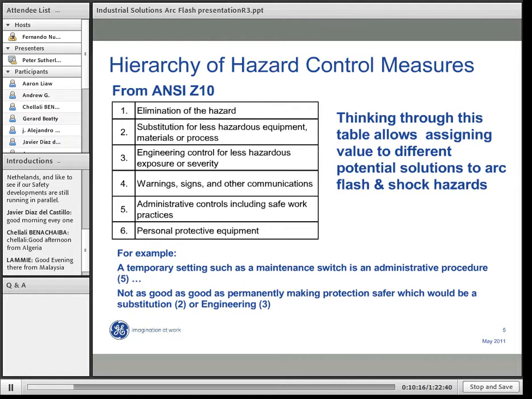So there's a whole range of approaches here, and the idea is always to make a facility as intrinsically safe as possible.